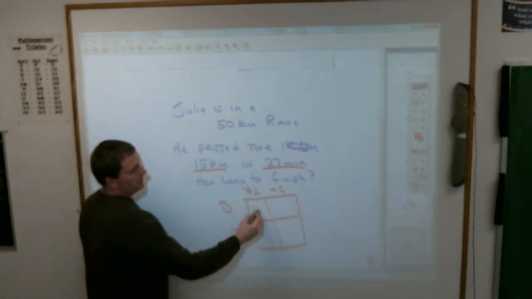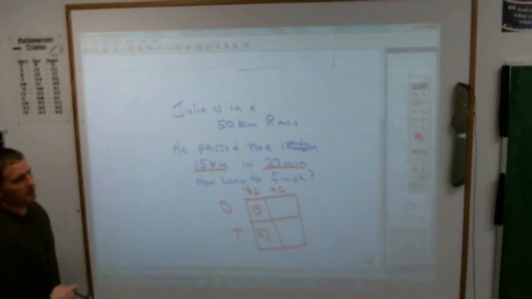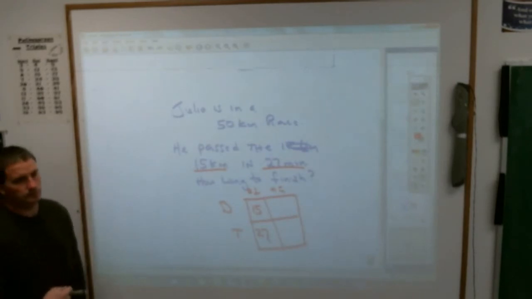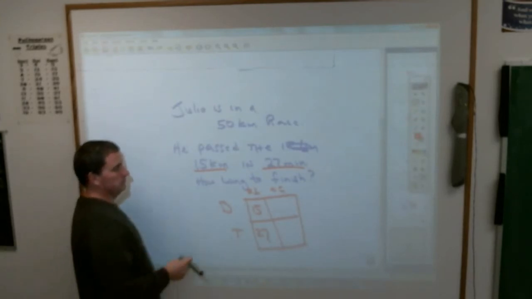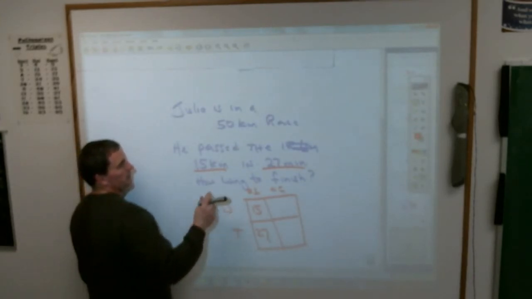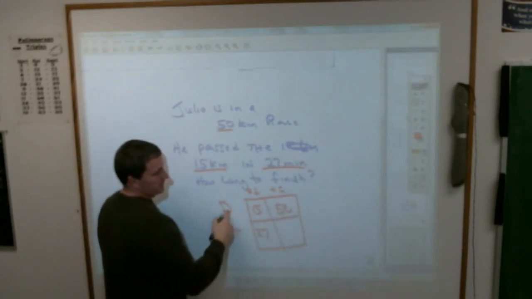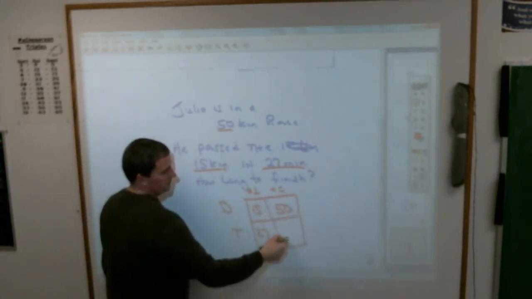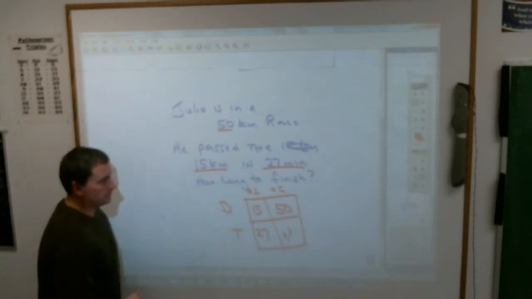What's my case number 2? Well, if he has to finish, the race is 50 kilometers, and that is distance. Make sure you put that with distance. You can't put it with time, because that's not his time.